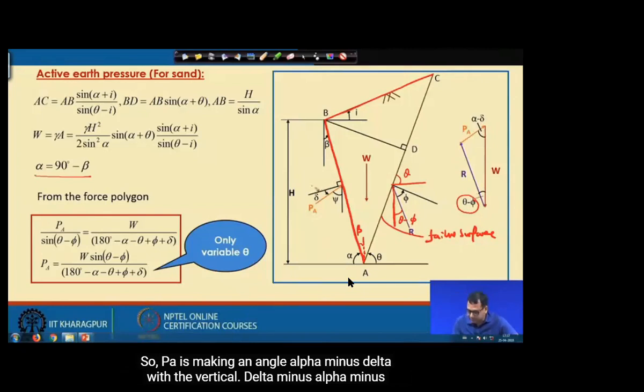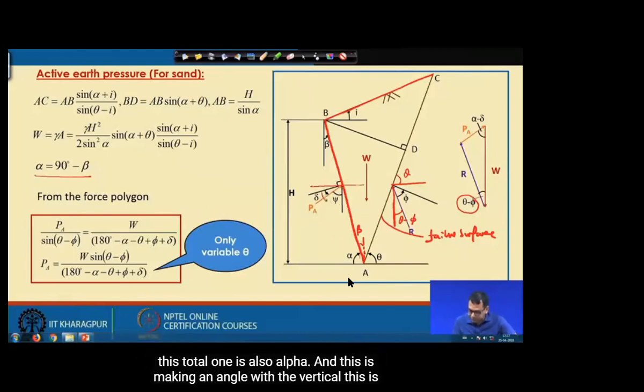If you draw this line, this is also alpha, and this angle is 90 degrees. So this total one is also alpha.